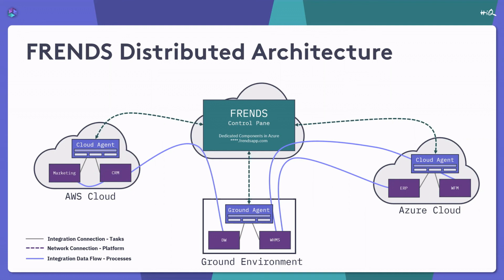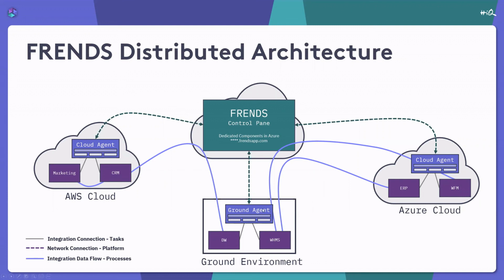Instead, what we're doing is attaching the remote integration runtimes that we are calling agents to that control panel or to that central user interface. And we're using the control panel to tell each agent what sort of integrations they should be running. That's the deployment procedure that we've gone through in previous webinars and in previous documentation quite thoroughly. So we don't go into too much detail on that side at the moment.